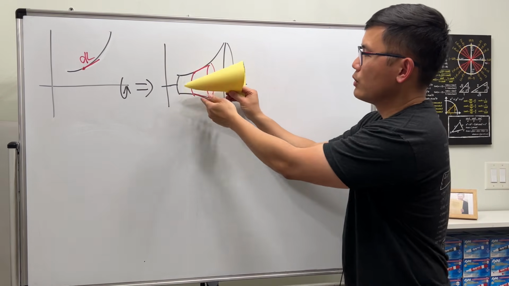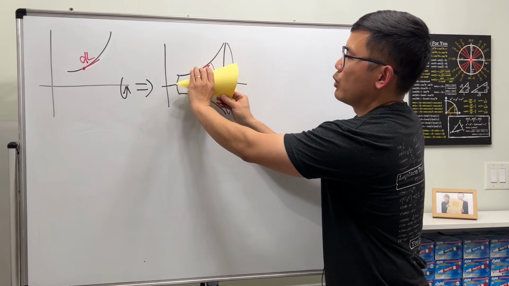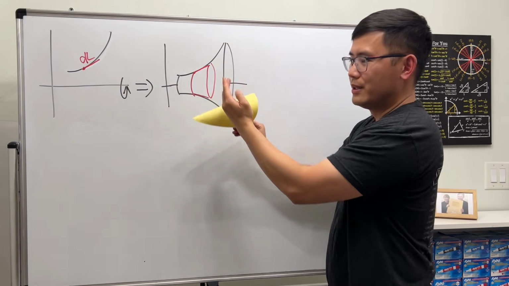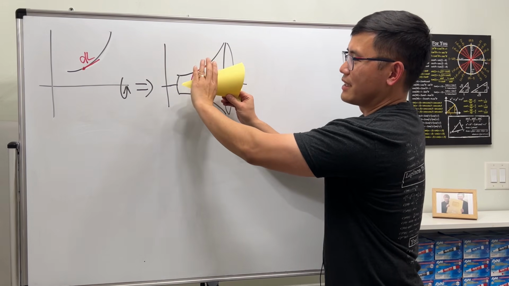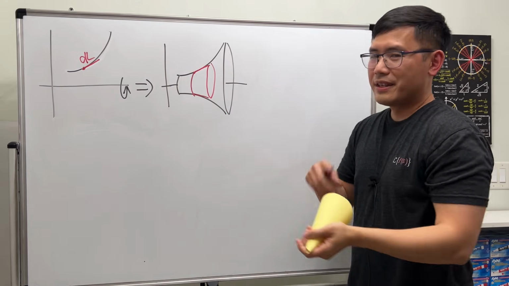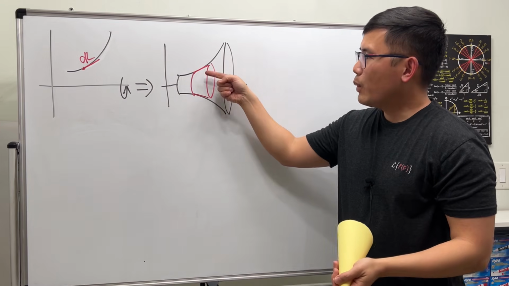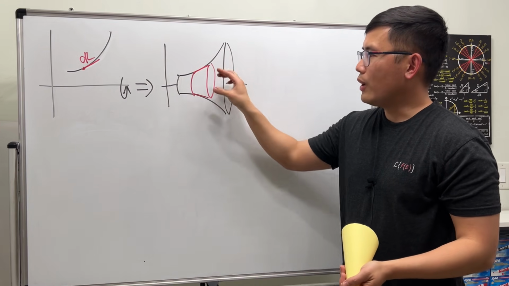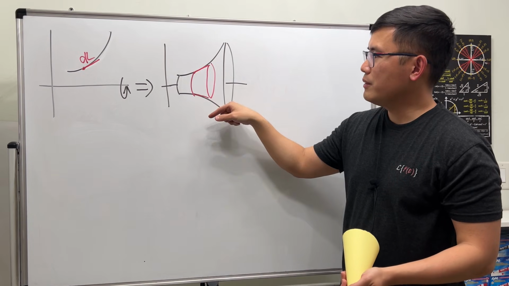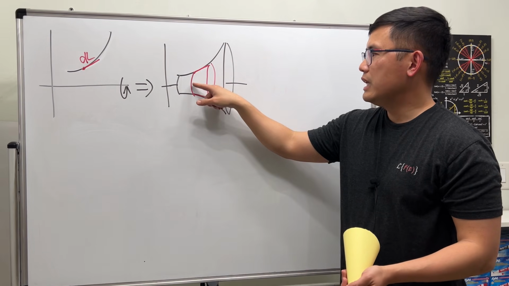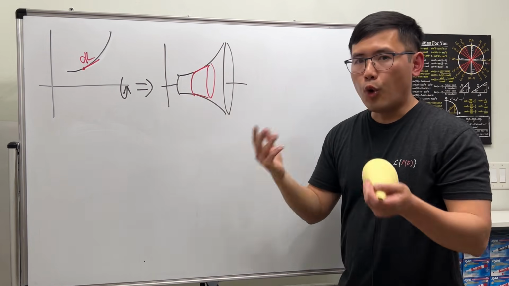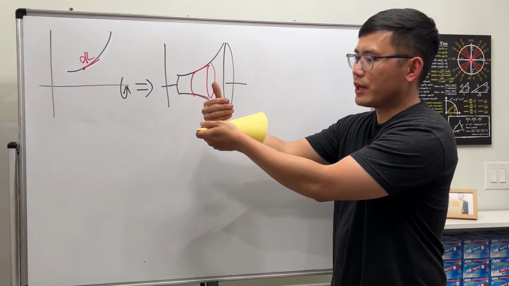Because if you look at a cone like this, and then if you just look at a portion of it, yeah, it looks like a portion of a cone. You just cut the bottom off. Now, here's a question for you guys. I want the surface area. So I'm going to go around here, or you can imagine if I make a cut right here and then open it. If I make a cut right here, right?